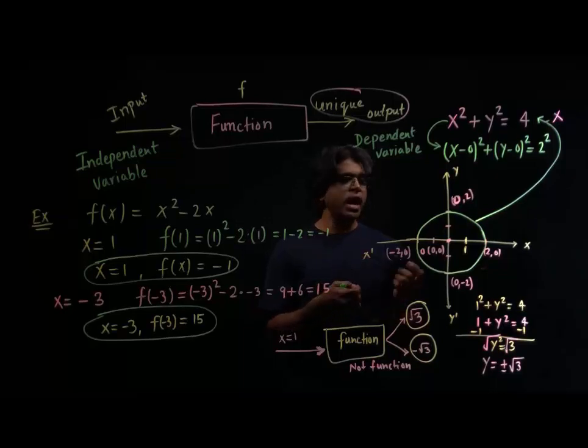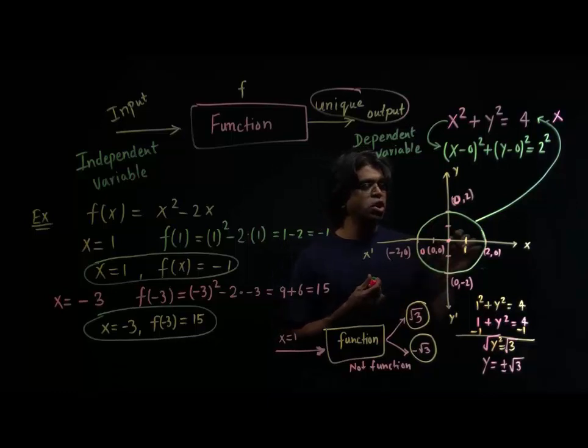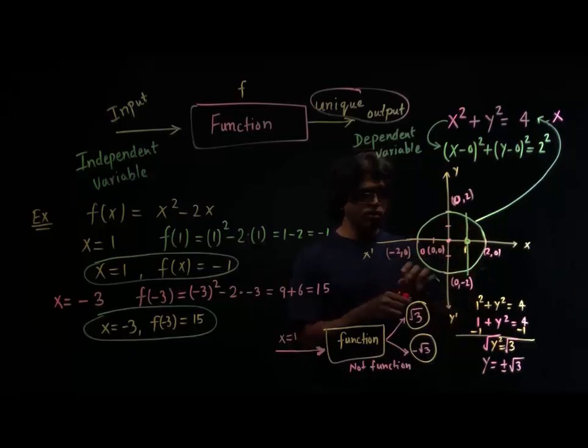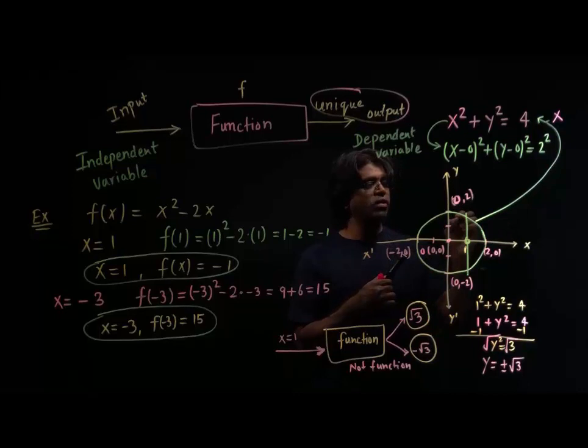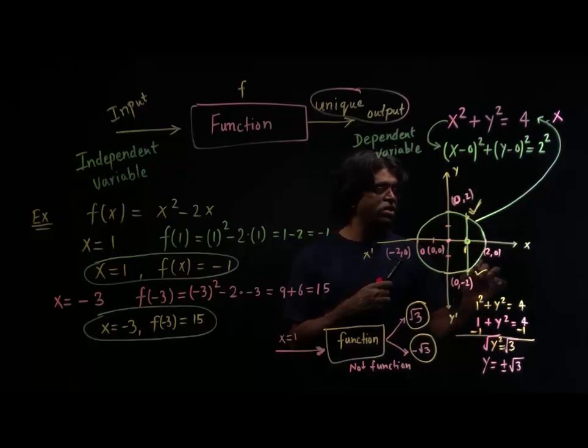Now, there is another way I can easily find out if this is a function or not. So the different approach is what I'm going to do. I am going to draw a line. Look at this. This is the line. So if you look at this value of x, how many values do I have for y? This is the one value. It doesn't matter what value I have. This is the one value right here, right? And the same value for x, I have another value of y, which is this value.